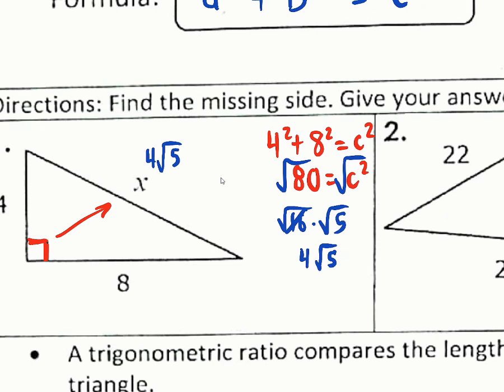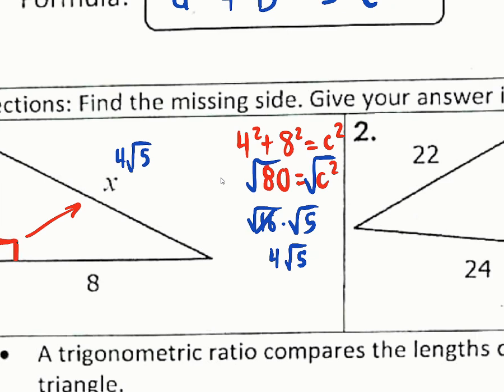I hope so, because what did you get when you typed in square root of 80? You got 8.94, didn't you? What did you get when you typed in 4 square root of 5? Same thing, 8.94. So even if you can't simplify radicals, I hope you can still get these problems right because they have the same value, right? Same value.